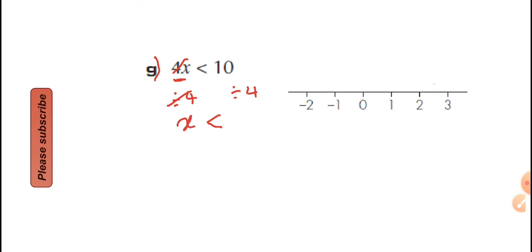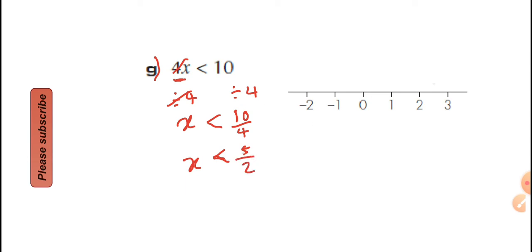And on the right hand side, I'm going to have 10 over 4. So this can be simplified. I can divide the top and the bottom by 2. So 10 divided by 2 is 5 and 4 divided by 2 is 2.